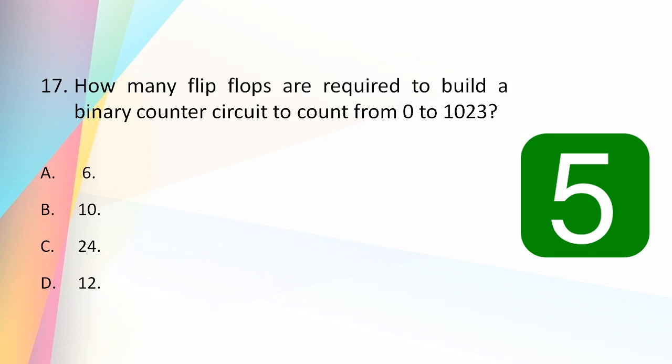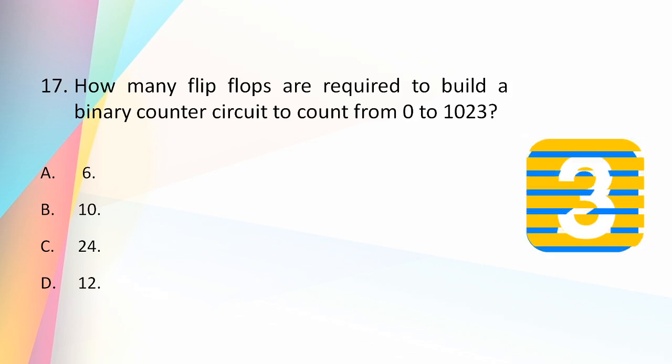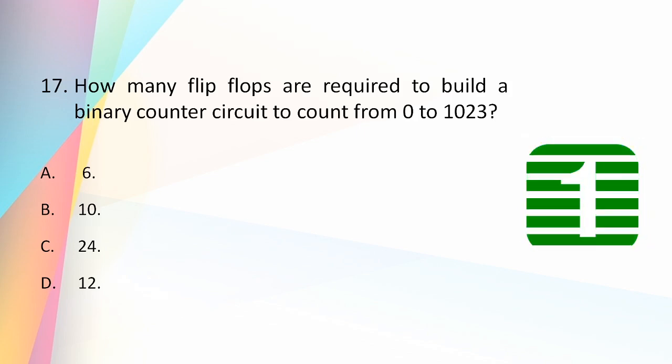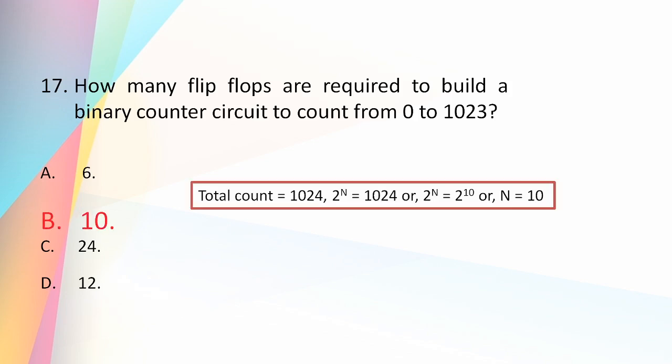How many flip-flops are required to build a binary counter circuit to count from 0 to 1023? 6, 10, 24, 12. And here you go. And the answer is 10, because the total number of counts can be approximated to the next nearest 2 power value, which is 1024.